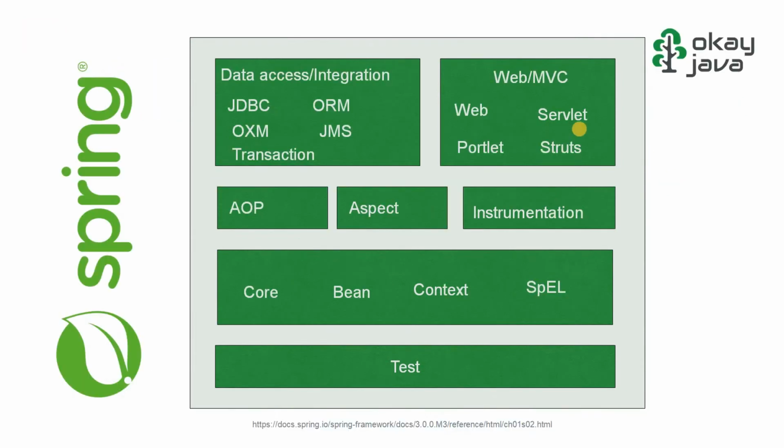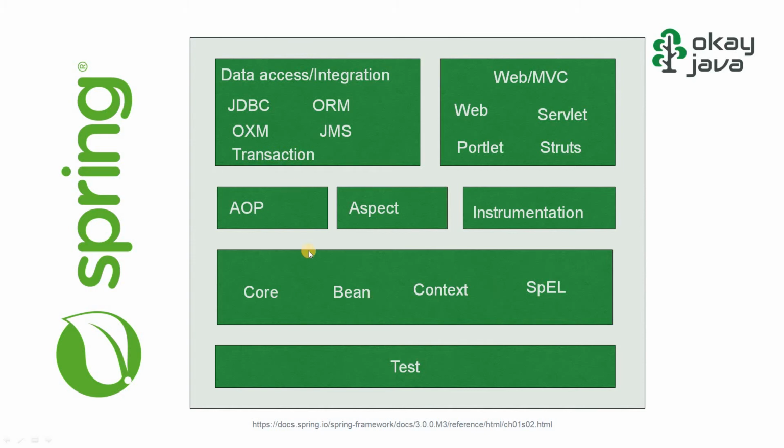Alright guys, this is how Spring Framework looks, and this framework looks exactly similar to the way you have designed your own framework. So if you see here, we have got the web module which provides web, servlet, portlet and struts modules. Then we have the data integration layer which provides integration with JDBC, ORM, OXM, JMS and transaction management.